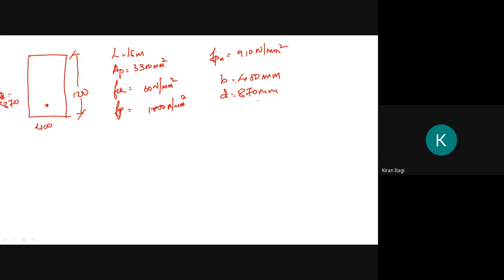By seeing the numerical, we will come to know that the neutral axis lies in, sorry, this is a rectangular one. Then do it for both conditions, bonded and unbonded.